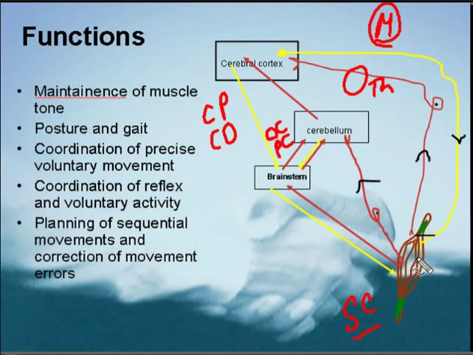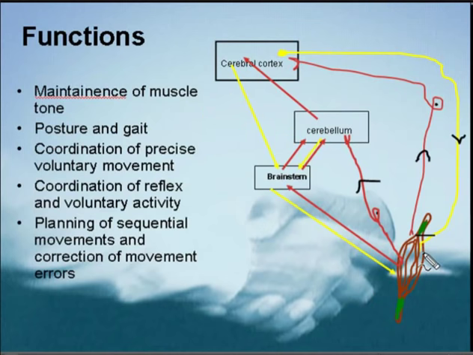Now let's see what all the cerebellum does. So the first is it's the maintenance of muscle tone, and when we say muscle tone, we mainly talk about skeletal muscle. And what it does is it harmonizes the muscle tone, and it permits voluntary movement such as walking, etc., to take place smoothly.